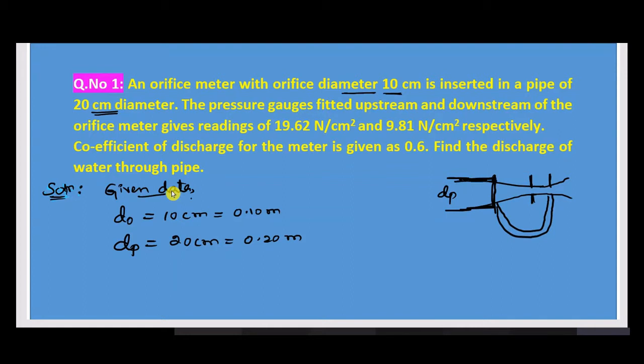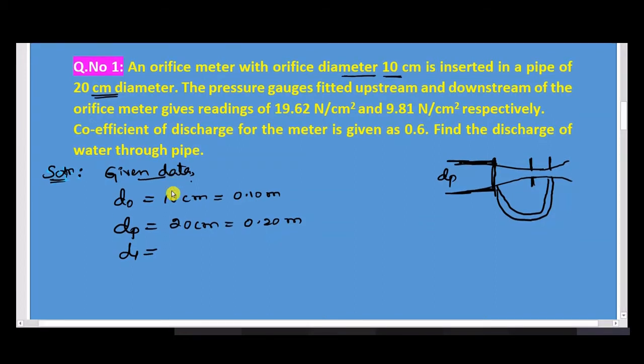So this orifice is attached to the pipe, so I will take it as D1. D1 stands for diameter of inlet of the orifice meter, that is equal to the same 0.20 meter. So don't get confused that the diameter of the inlet of the orifice meter is not given.